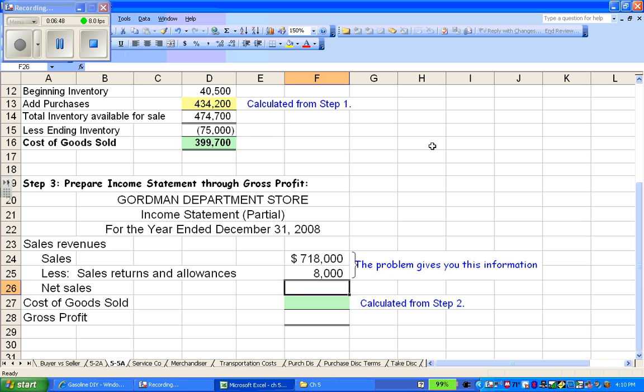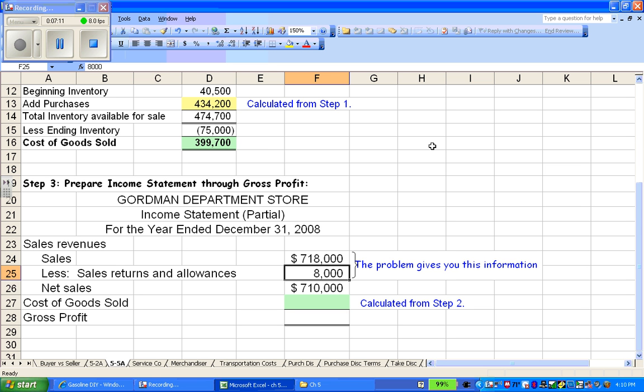And then what I'll do, my net sales will be the net between the two. I'm going to take my gross sales and subtract out my sales returns and allowances. I didn't have any sales discounts. Otherwise, I would include another line item there and subtract that from my sales. Notice the sales returns and allowances is considered a contra revenue account.